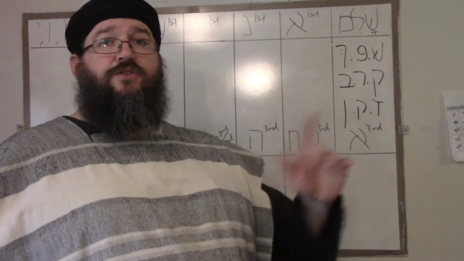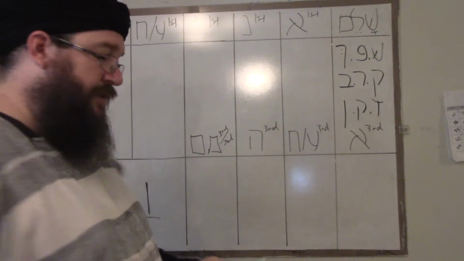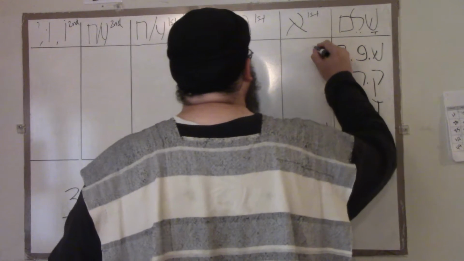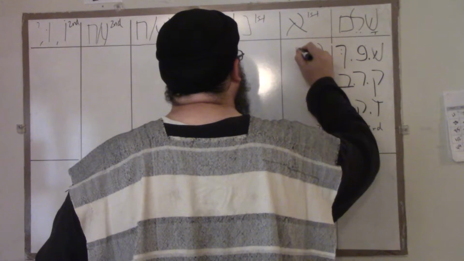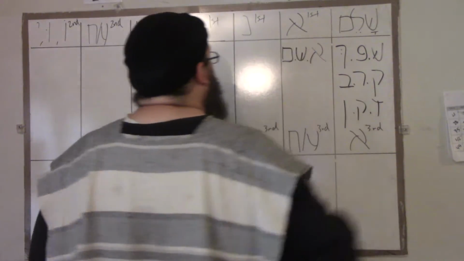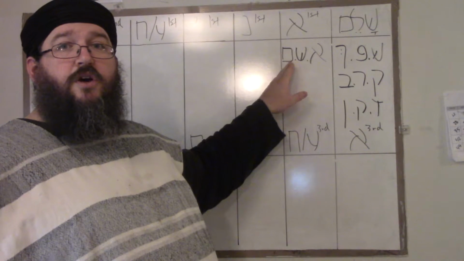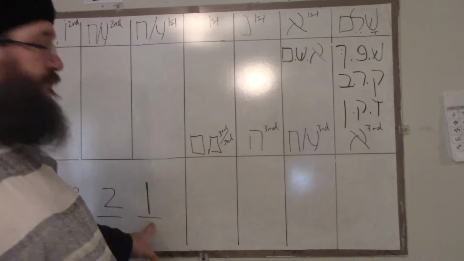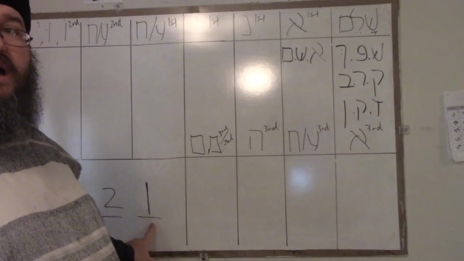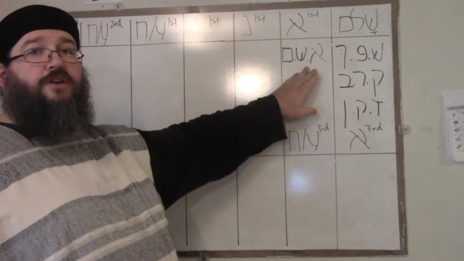So let's go over to the first Aleph and get some examples here. Here we have Aleph, Shin, and Mem Sofit. Notice Aleph is in my first position. Therefore, I know that this belongs to this chart.